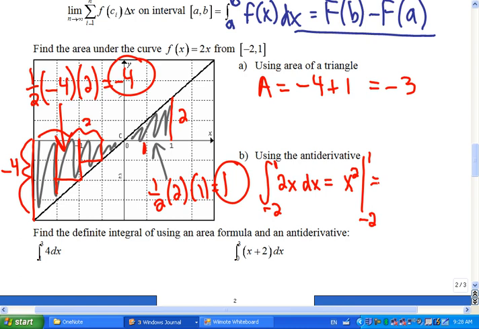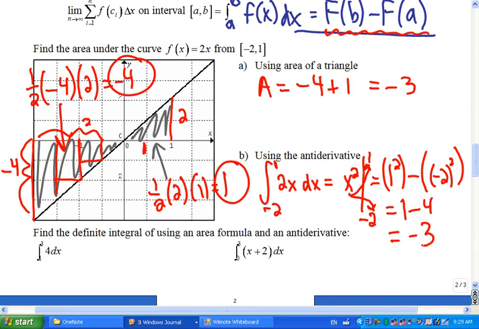So if I was to do this, again, this is where we talked about it coming from. It's going to be 1 squared, take away -2 squared. The antiderivative at 1, take away the antiderivative at -2. Magic. Okay. So it ends up being the same number as if we did the geometry.